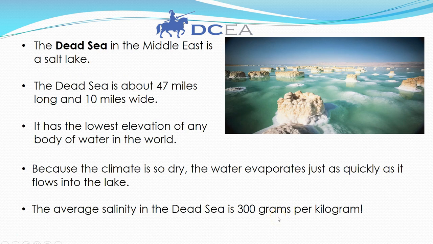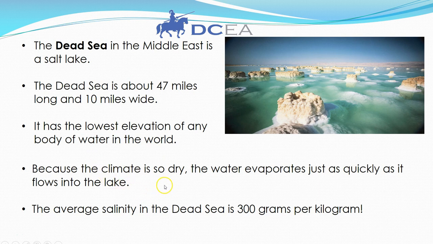The Dead Sea in the Middle East is a salt lake. The Great Salt Lake can also look like this if there's lots of precipitation, but lately there hasn't been. The Dead Sea is about 47 miles long and 10 miles wide. It has the lowest elevation of any body of water in the world.